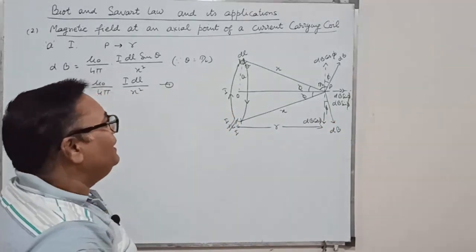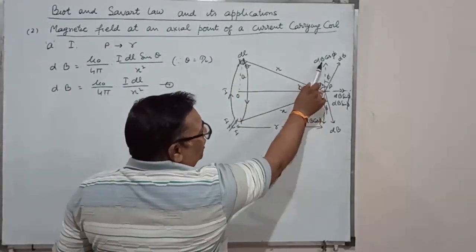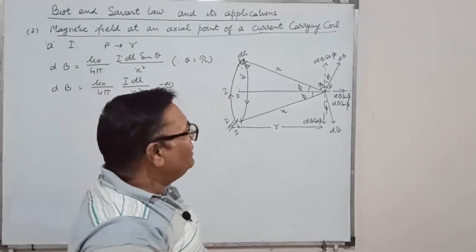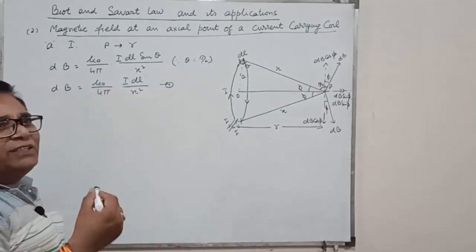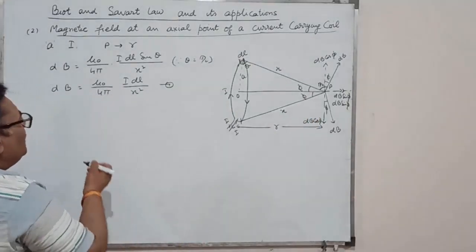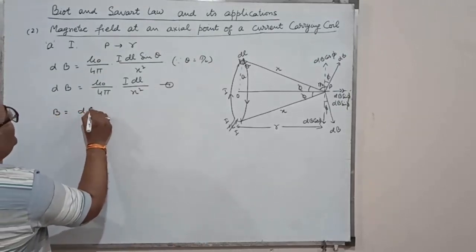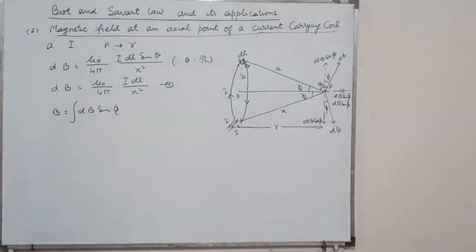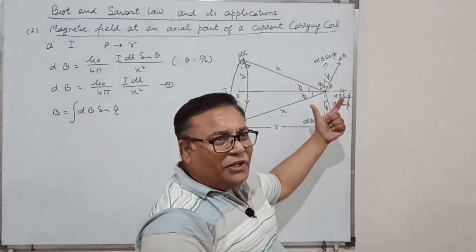From the figure it is clear that cos components will cancel out, रीजन दोनों इक्वल एंड अपोजिट है तो ये कैंसिल आउट हो जाएंगे, एंड द नेट मैग्नेटिक फील्ड इंटेंसिटी इज गिवन बाय समीशन ऑफ साइन कंपोनेंट और द इंटीग्रेशन ऑफ साइन कंपोनेंट. तो नेट magnetic field intensity at the point P is given by integration of dB sin phi. Clear? Any doubt? Or you can say 2 dB sin phi integration.